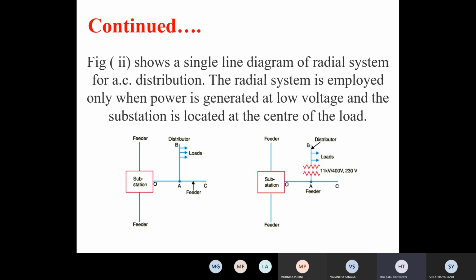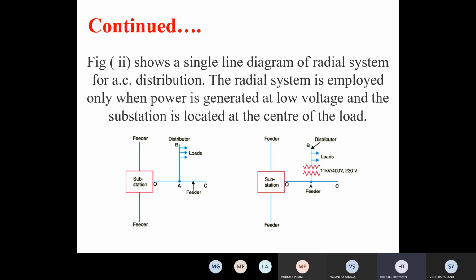They are operated individually. Coming to the second line diagram, it is also a single line diagram, but for AC systems, not for DC systems. So figure 1 is used for the DC radial system, and figure 2 is the AC distribution system.